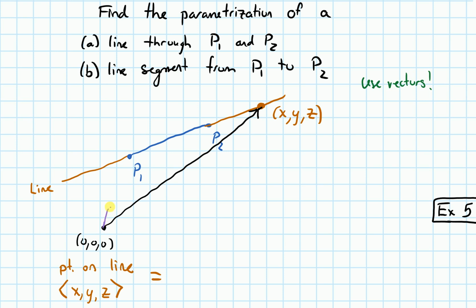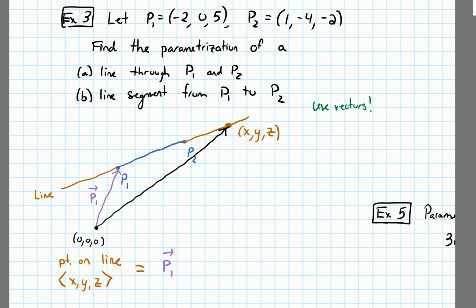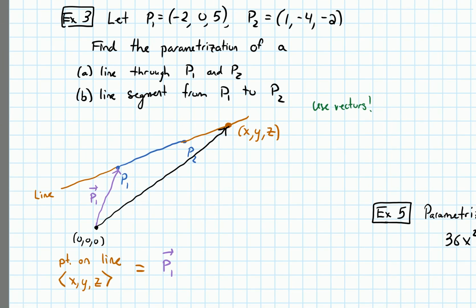If I draw a vector from the origin to the point P1, I call this vector P1 with a vector arrow on top of it. To figure out what P1 is, I just use the coordinates of my point.